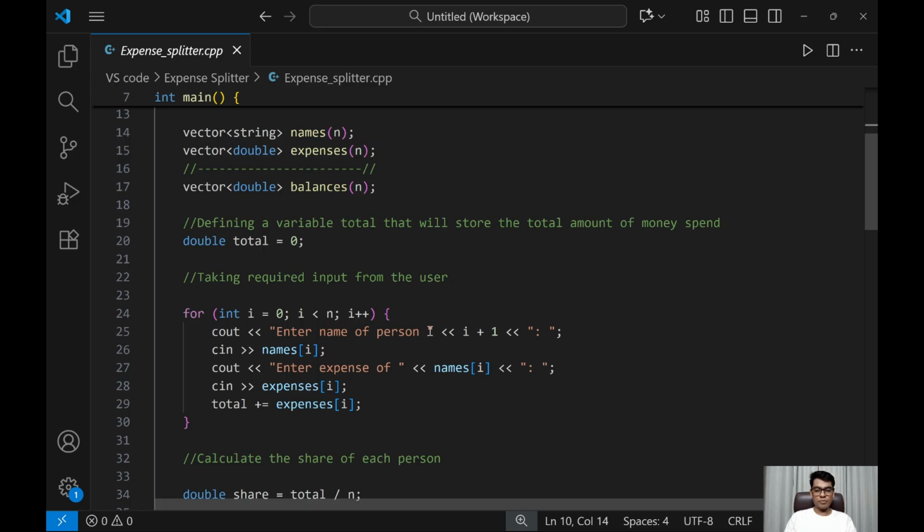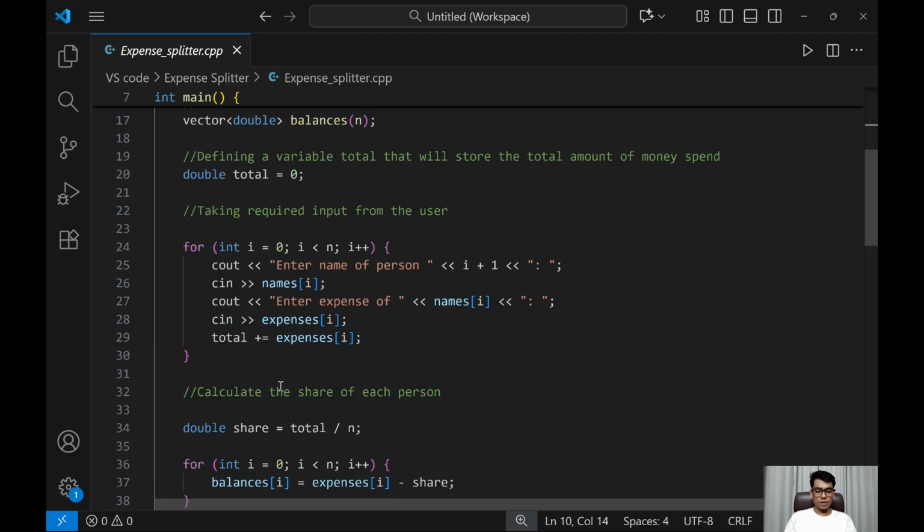It should be enter the name of person 1. Therefore, the user enters the name of person 1 and it is stored in the vector names[i]. Then it shows enter expense of the name, and then it is stored in the vector expenses[i]. Simultaneously, it updates the variable total, which will store the total amount of expense by the group.